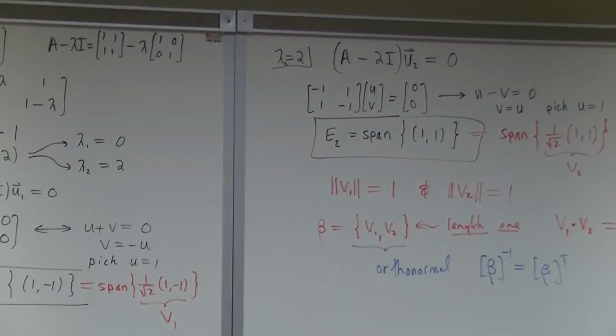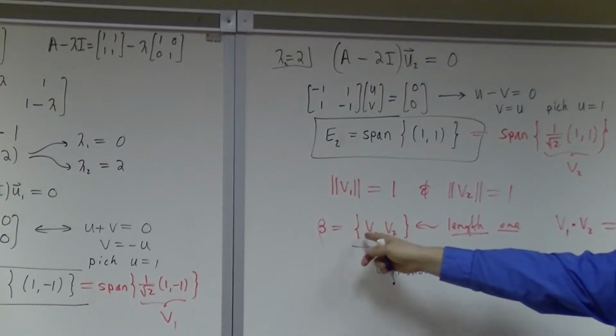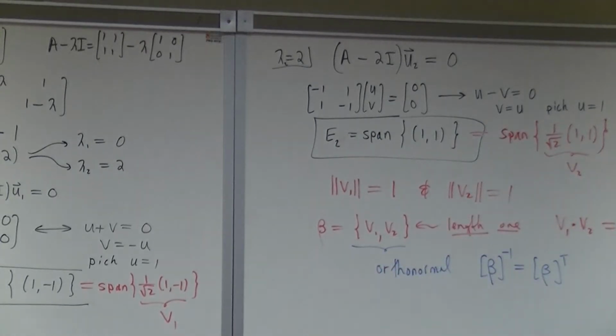You just get what? 0, 0, 0, and what's the last entry? We proved that this has to happen last time. Beta is an eigenbasis. It's a basis made from eigenvectors. V1 has eigenvalue 0. V2 has eigenvalue 2. There will be a 2 here.